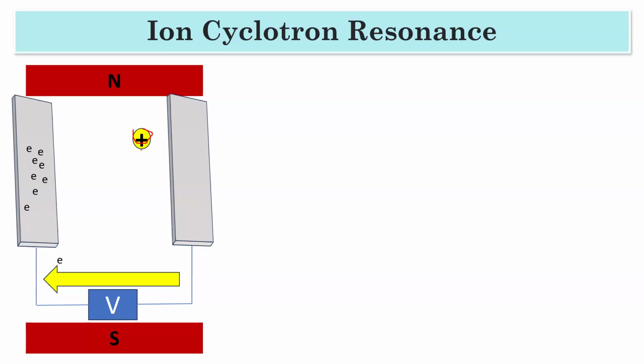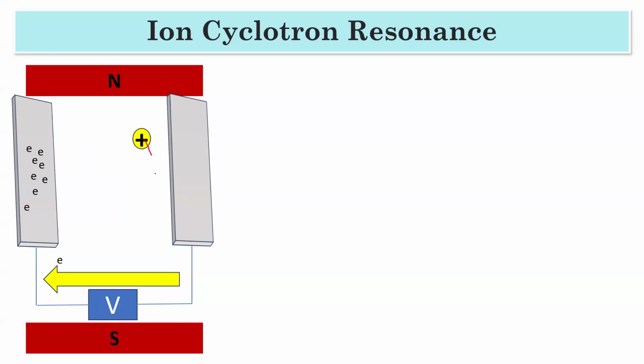Okay, so in ICR, suppose here I am showing this charged particle and we have some plates, you can say some electrodes. Now, when this charged particle is moving, what do you think will happen?